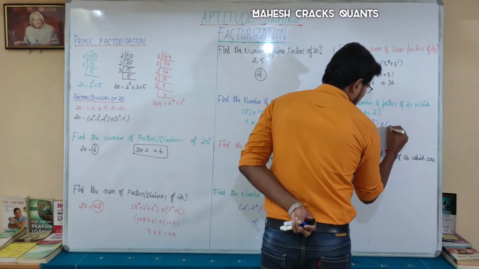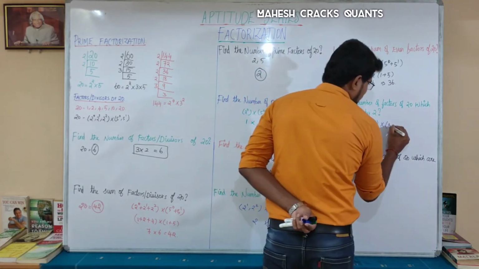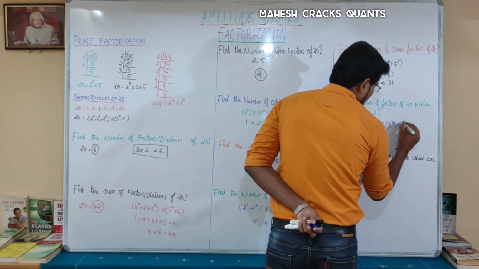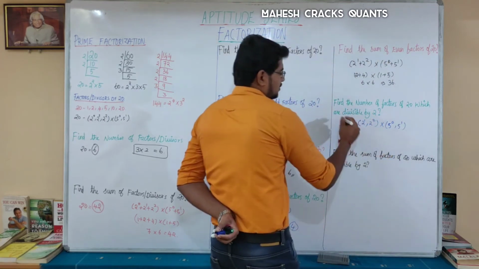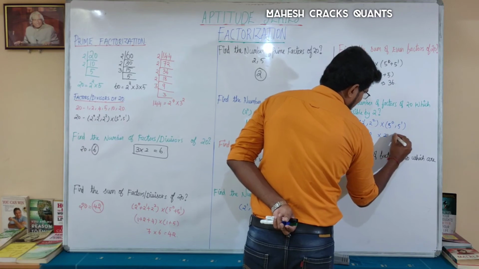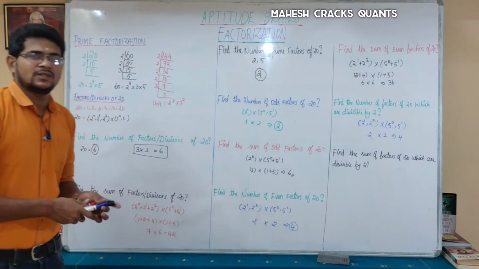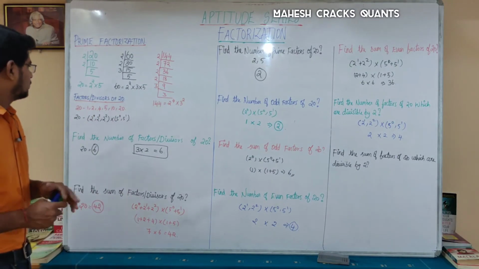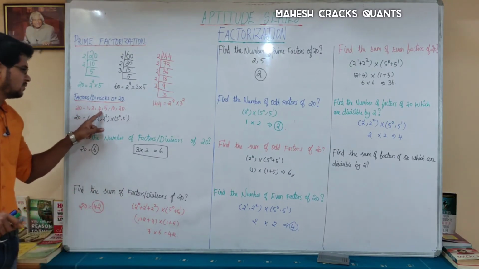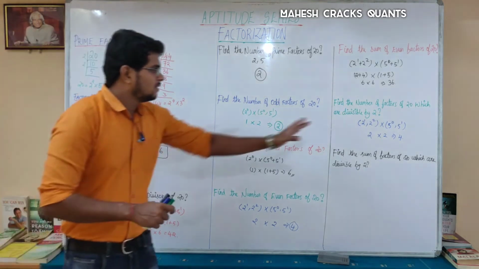Here we are talking about 2, so concentrate on 2 alone. Everything else will come as it is. The number of factors is the question, so 2 factors here, 2 factors here, 4. So totally 4 factors which are divisible by 2. Check. This is divisible by 2, this is divisible by 2, all four. So 4.